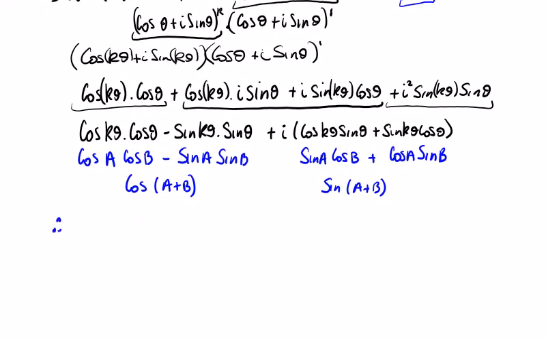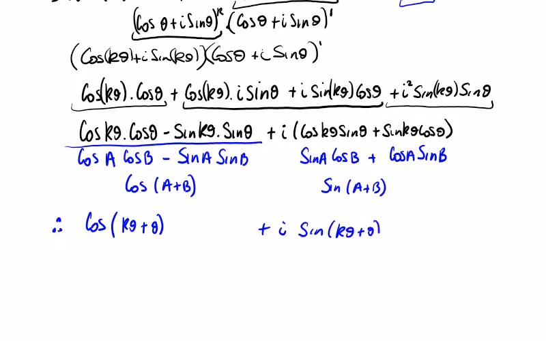Therefore, we can say that the first one plus the second one is going to be the cos of A plus B, which is the cos of k theta plus theta, two angles. So this simplifies down quite easily, plus i times the sine of A plus B, which is the sine of k theta plus theta.